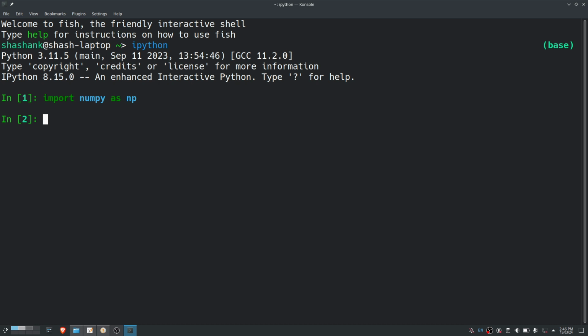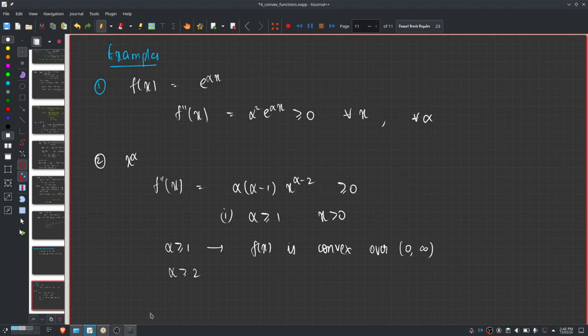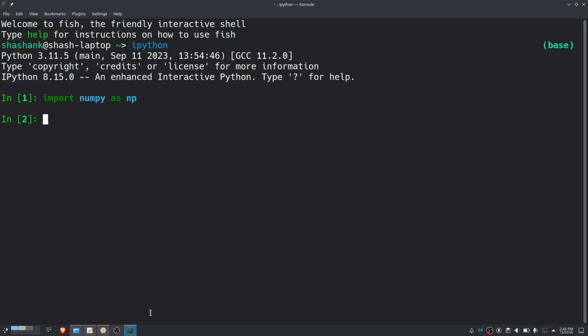So, or maybe let me take an integer value of alpha. So x equal to 3.